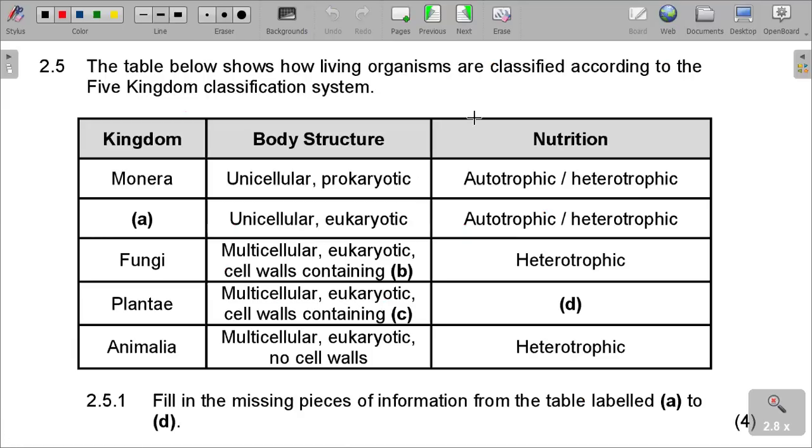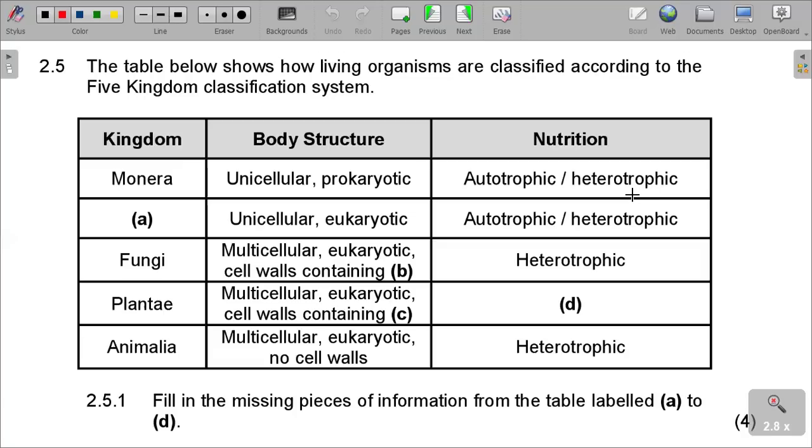And then there's question 2.5. It is the table which shows how living organisms are classified according to the five kingdom classification system: kingdom, body structure, and nutrition. We have the Monera, unicellular, prokaryotic, and then autotrophic and heterotrophic in terms of nutrition.